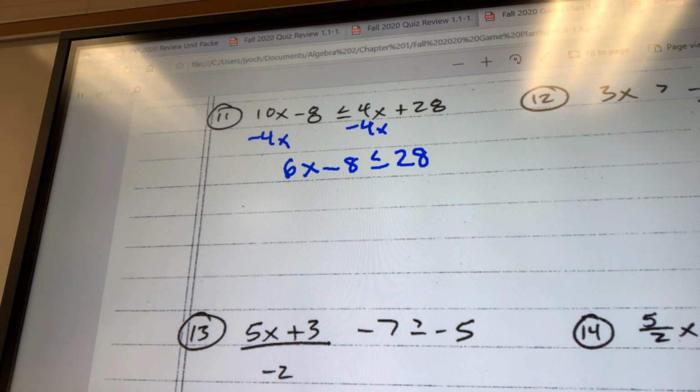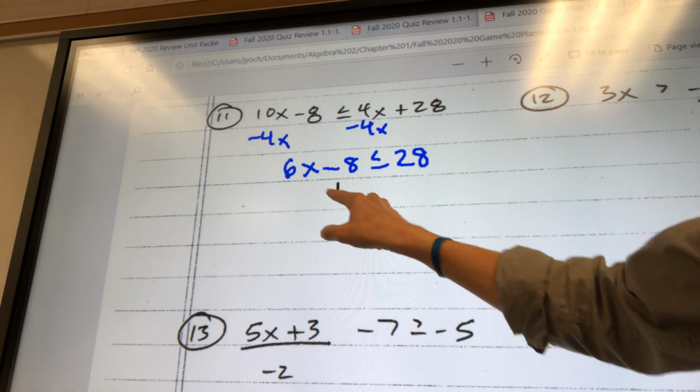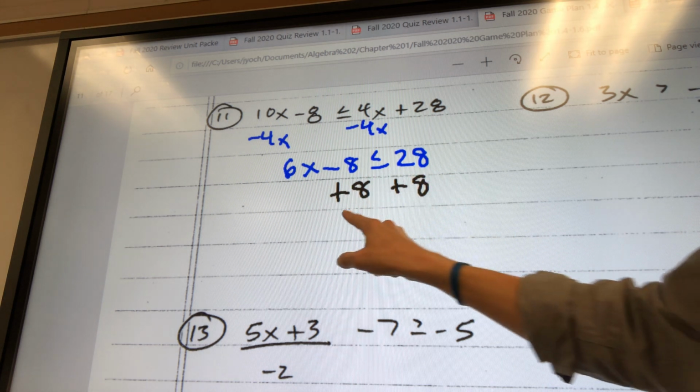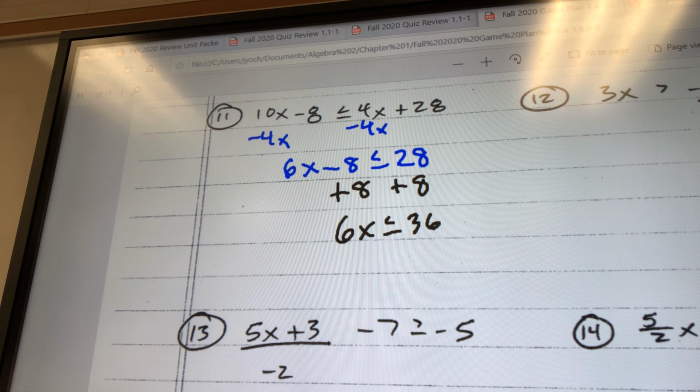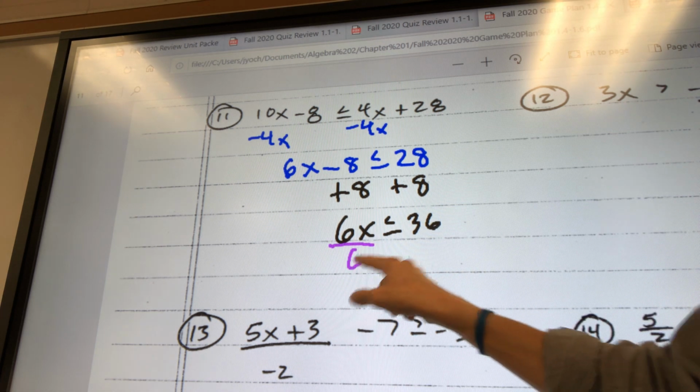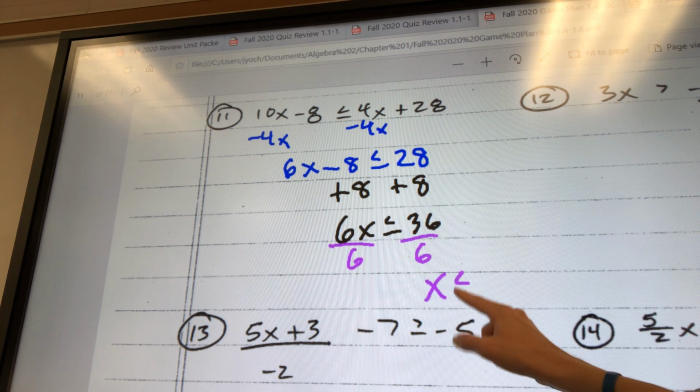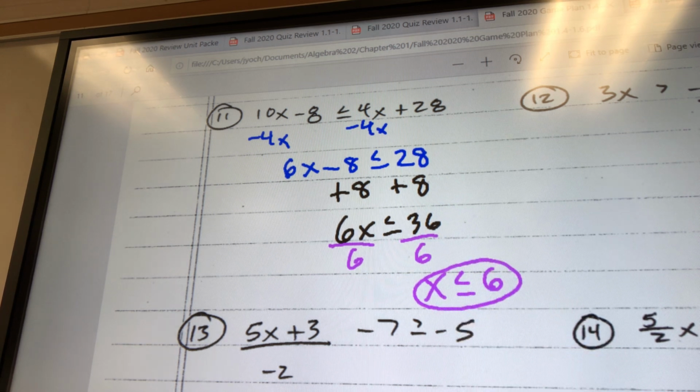Add 8 to both sides. 6x is less than or equal to 36. Divide both sides by 6. x is less than or equal to 6 is my solution. I don't have to graph anything there. That came out to be a pretty nice answer.